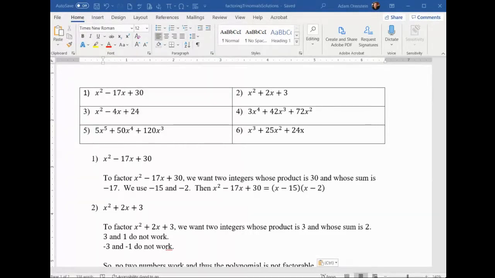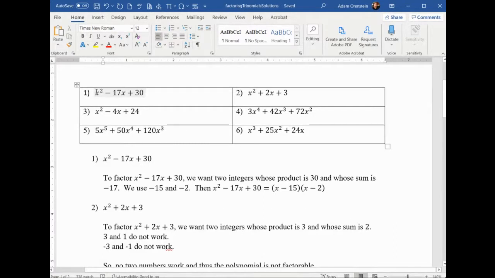Okay, all right, so for the first one, we're going to factor that. And hopefully you can see that the GCF for this one is 1, mostly because there's a non-zero constant term. So you can't factor out x at all.